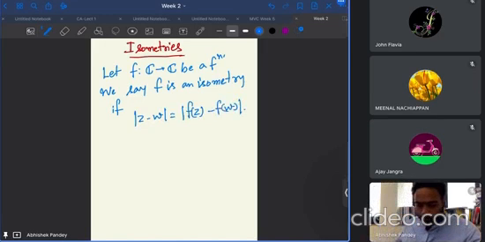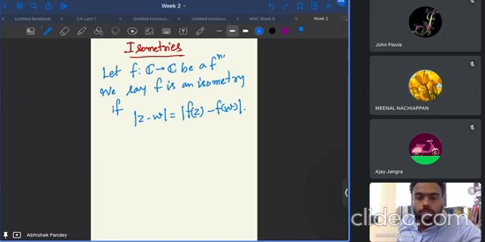Now with this definition, can you tell me some examples of isometries? Anyone? Any idea? Like if you take the rotation, they are isometries.